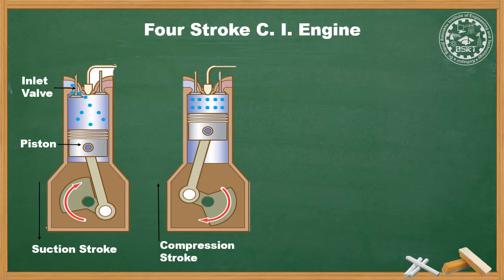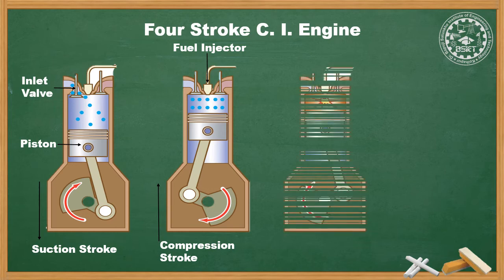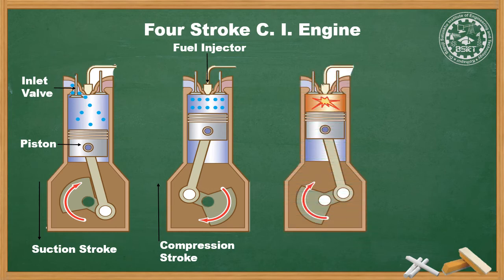In the compression stroke, the piston moves from BDC to TDC, compressing the air to a compression ratio of 14 to 22 into the clearance volume. During compression, temperature and pressure are increased. At the end of the compression stroke, fuel is injected with the help of the fuel injector by the fuel pump.